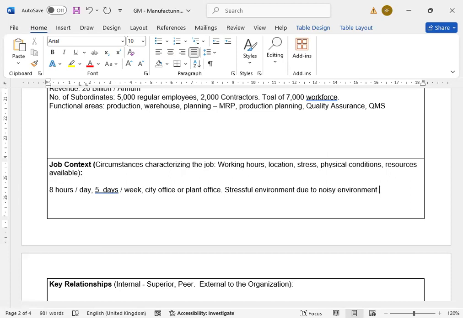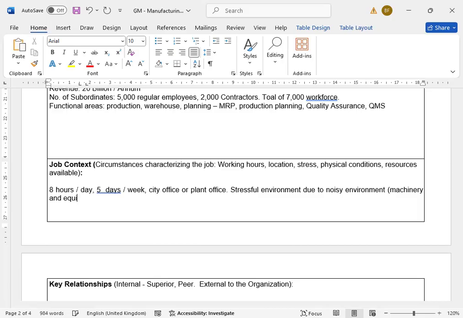They need to have PPE if, let's say, the noise is 85 decibels, that's already high. So they need to have earplugs or earmuffs. This is due to machinery and equipment. That's the reason. What else?